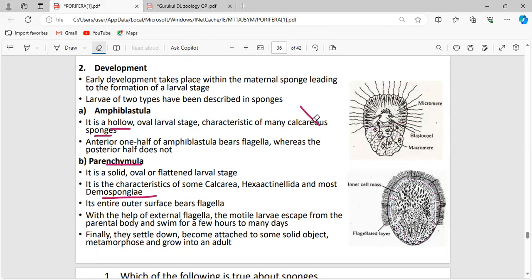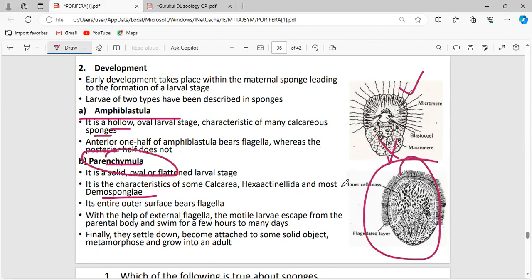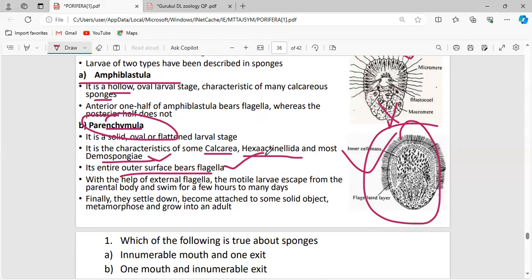If one half of the structure has flagella and the other does not, it is the amphiblastula. If all the body is covered by the flagella, it is the parenchymula.